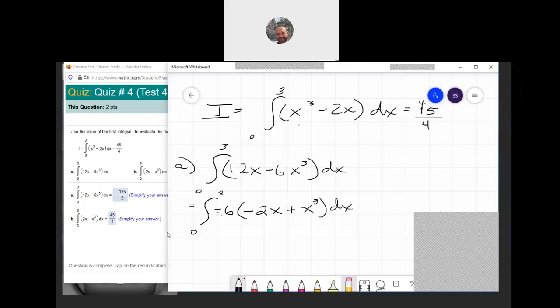Also, this is a constant. A constant as a factor in the function can come out of the integral. So this is -6 times the integral from 0 to 3. And this I'm going to rewrite, put x cubed first, and then minus the 2x dx. And using your properties of integrals, the first one is 45/4.